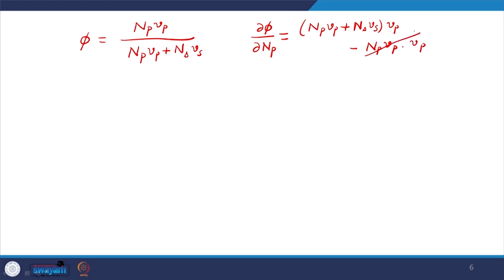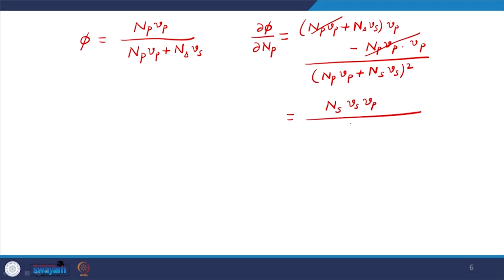So, this will cancel the first term right here, divided by the denominator squared, which will give me NsVsVp divided by NpVp plus NsVs whole square.